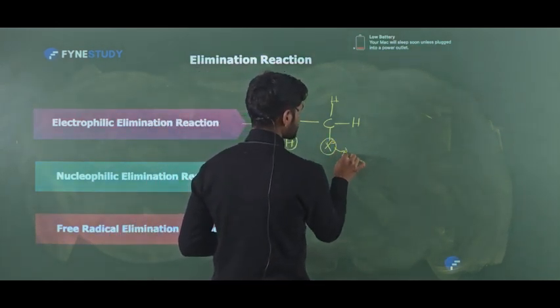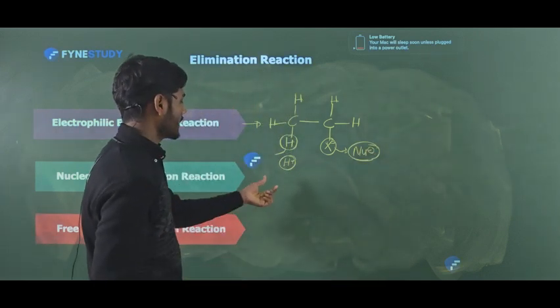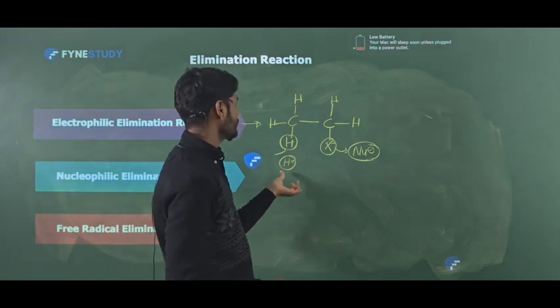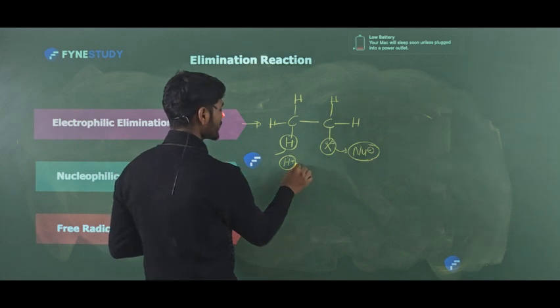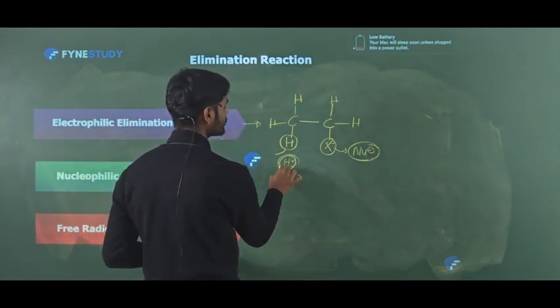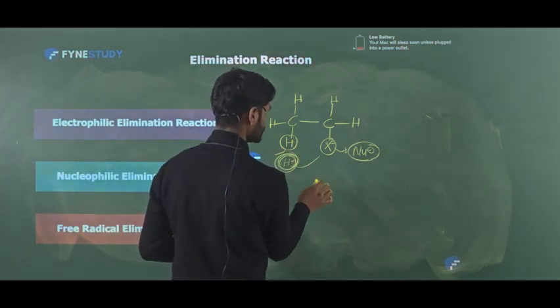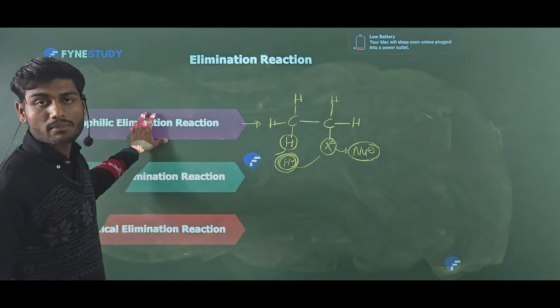X minus is a nucleophile. If the electrophile initiates the reaction, it means the attacking or initial part is the H plus. In that case we say that this elimination is due to H plus, so H plus will approach this one. In that case this is an electrophilic elimination reaction.